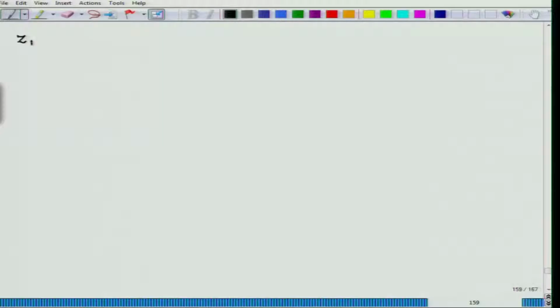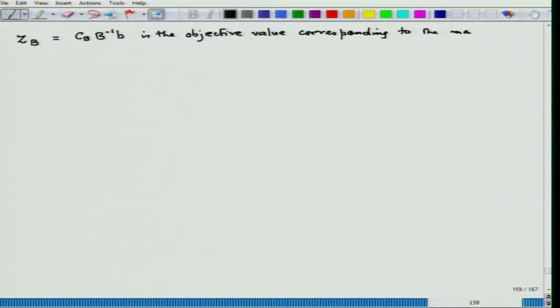So, usually ZB is equal to CB B inverse b, is the objective value corresponding to the basis matrix B. If you have forgotten why it is like this, you know that I can always divide the whole x into xB and xN.